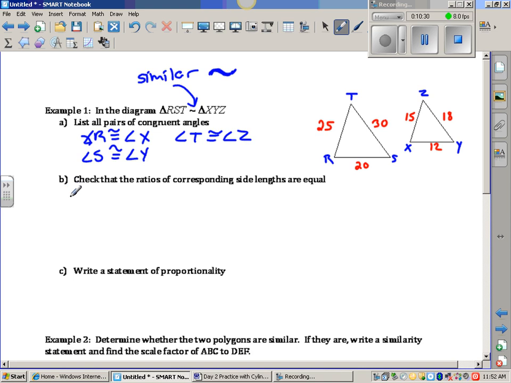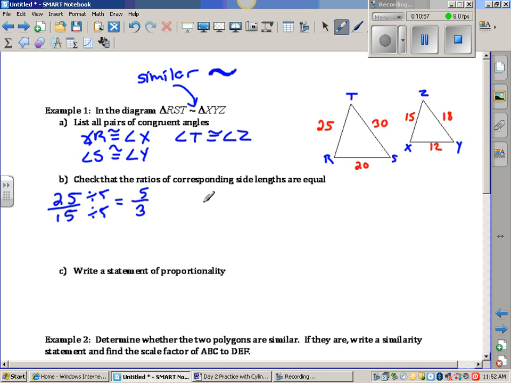So I'm going to start by comparing RT to XZ. So that would be the ratio 25 over 15. We can reduce the top and the bottom by 5, and you get 5/3. So my ratio to go from 25 to 15 was to multiply by 5/3.